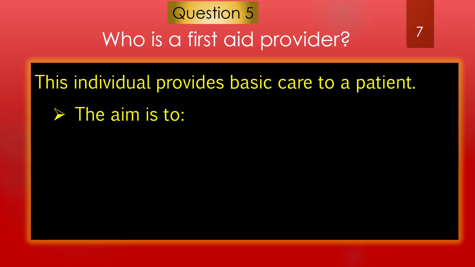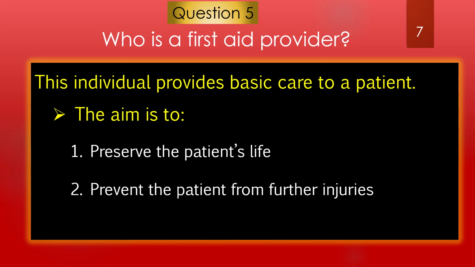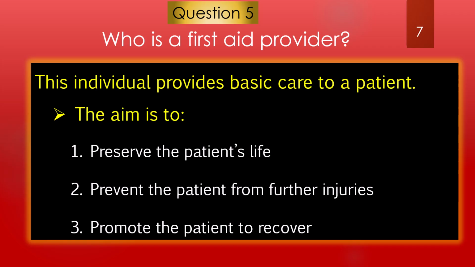The aim is to: 1. Preserve the patient's life. 2. Prevent the patient from further injuries. 3. Promote the patient's recovery. So the person who provides basic care to a patient is called a first aid provider.